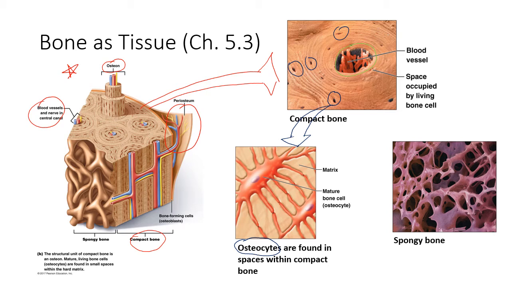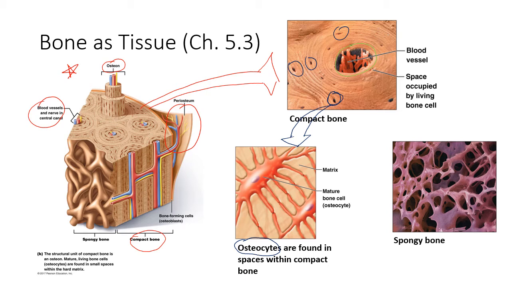They make these little star-shaped structures where the bulk of the cell is found in that large circle, but then they make extensions that poke into the compact portions of the bone. So again, there are cells that live in this tissue. They are living cells, and they are making sure they are keeping that bone healthy.